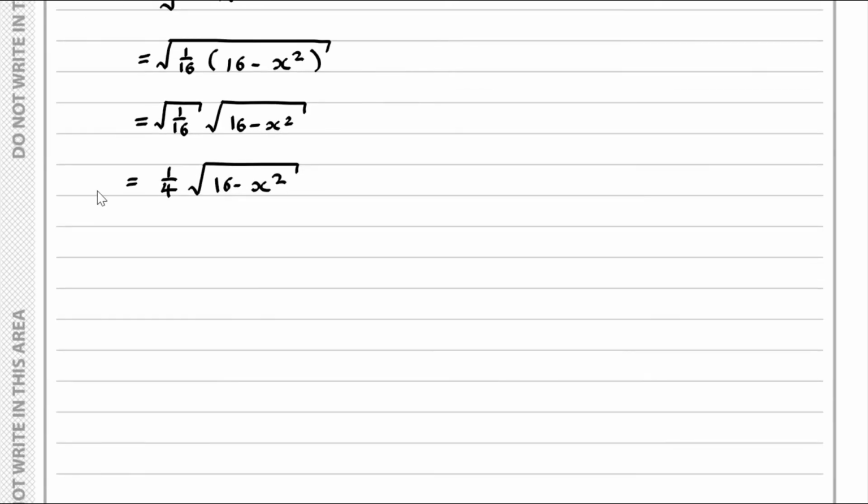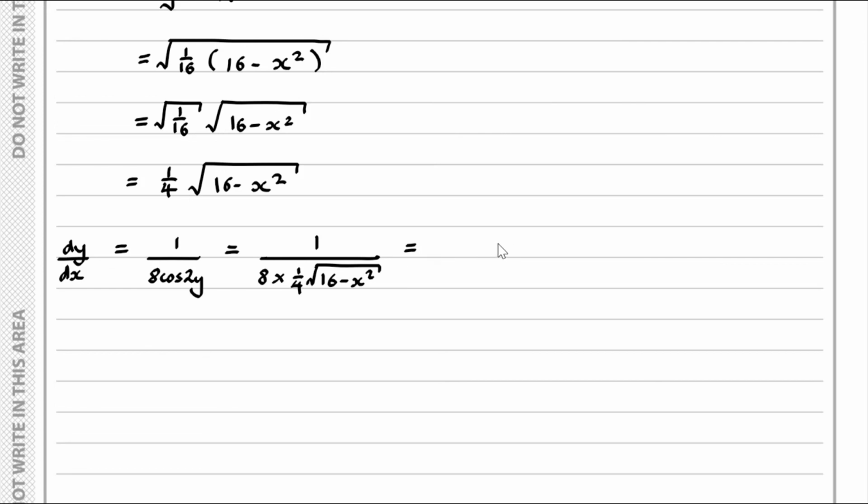And we already know that dy over dx is equal to 1 over 8 times the cosine of 2y. So we have over here 1 over 8 times 1/4 lots of 16 minus x squared square rooted. 8 times 1/4 is 2.